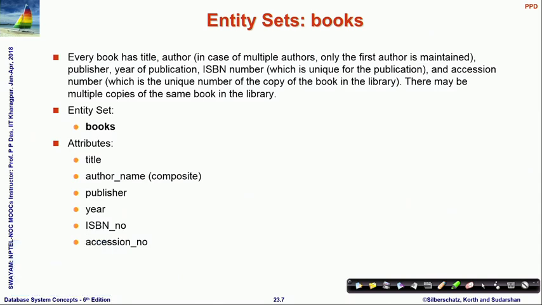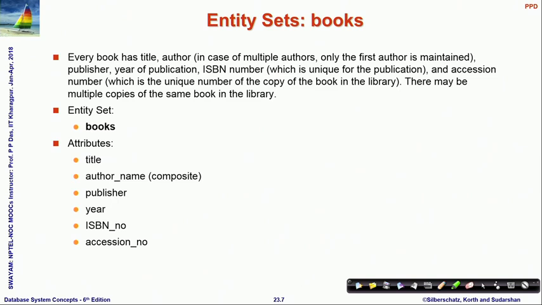So, what we will do, we will initially start with the specification as given. I hope you already have kept a copy to refer to, and we will try to extract the different entity sets and the attributes. Naturally, the first entity set that we extract, let us call it books, which is about books, where in the beginning I have given the basic statement that is given in the specification.